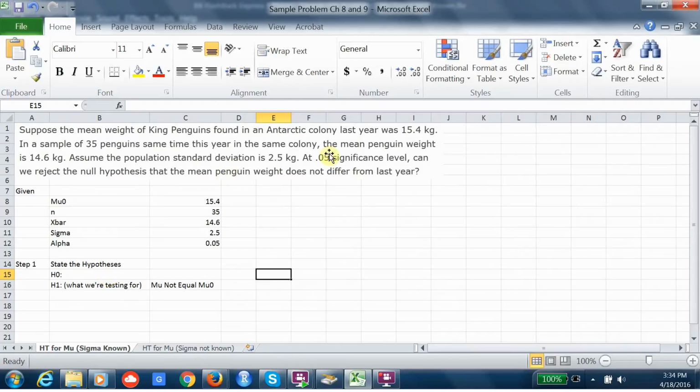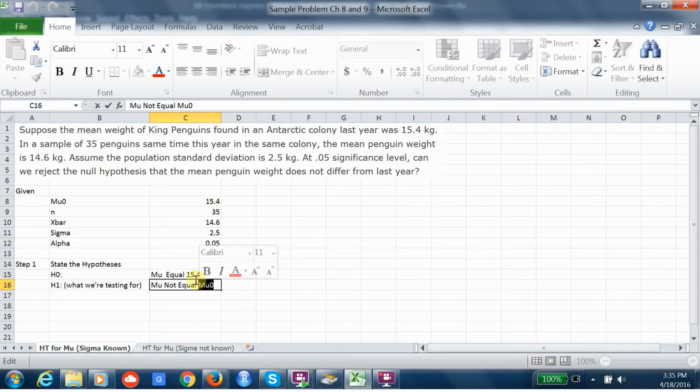So this is telling us what we're testing. The test of the null hypothesis is the alternative, okay? So the null is that mu is equal to mu naught, and I don't even have to put mu naught because I know the value. Okay, so the alternative is that it's not equal to 15.4.